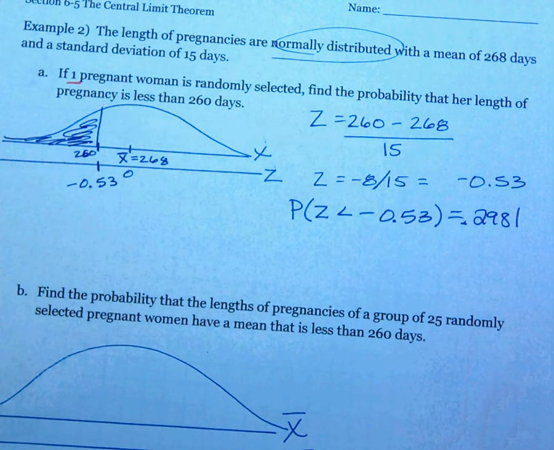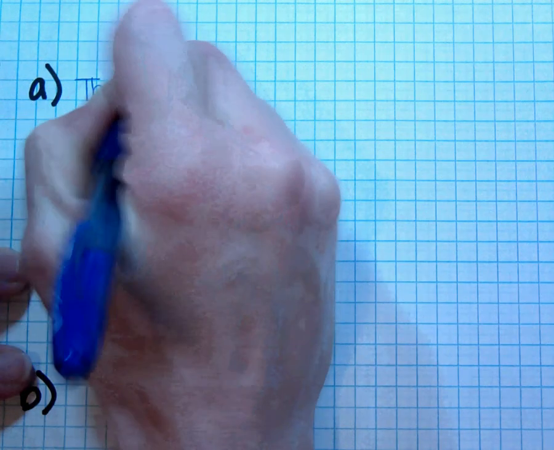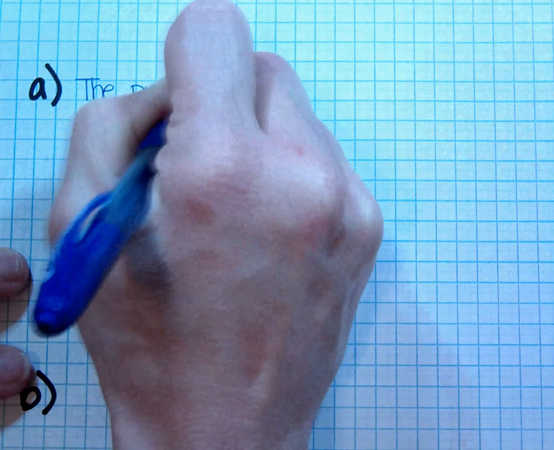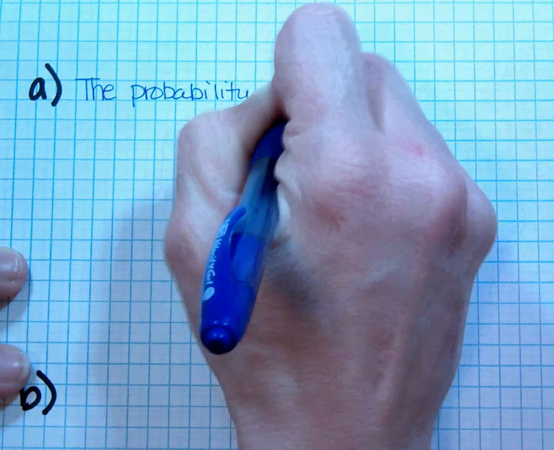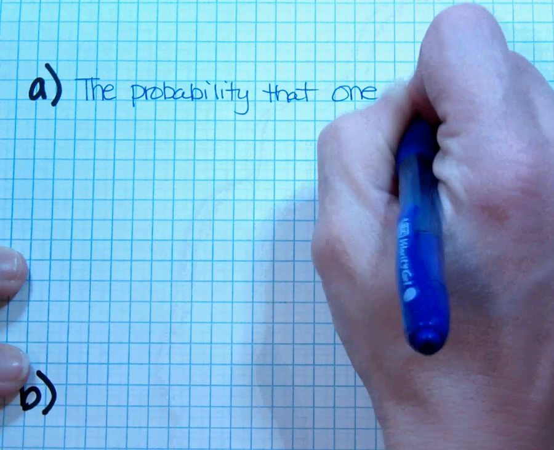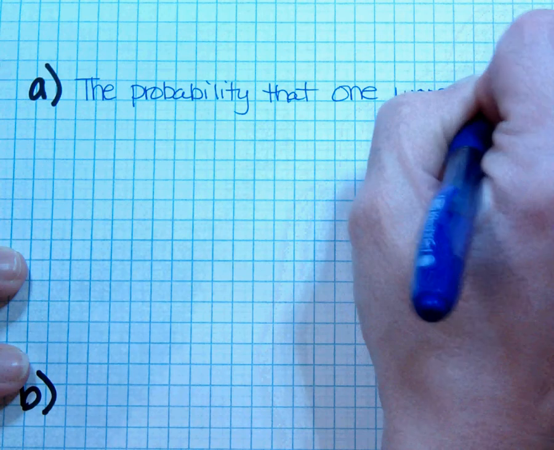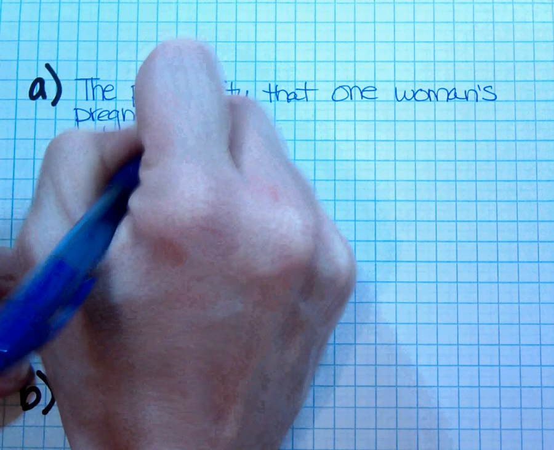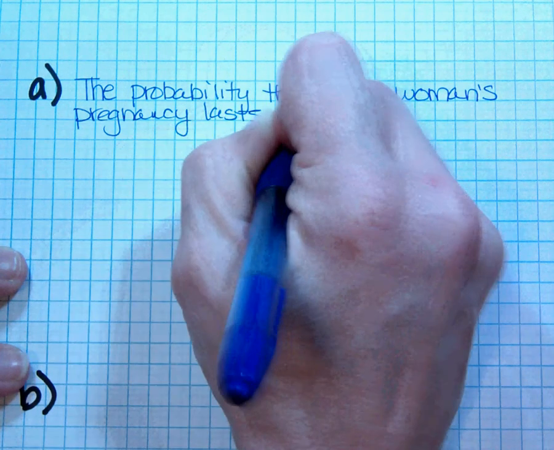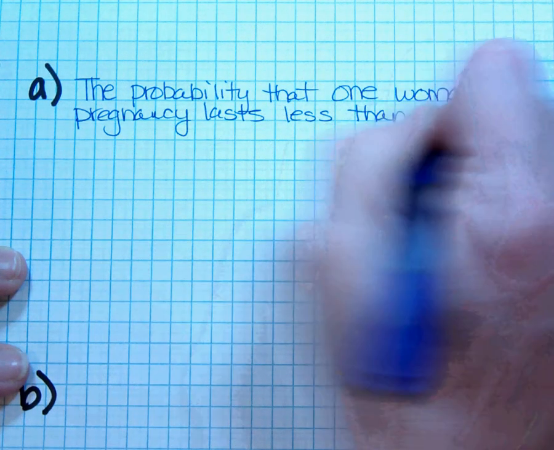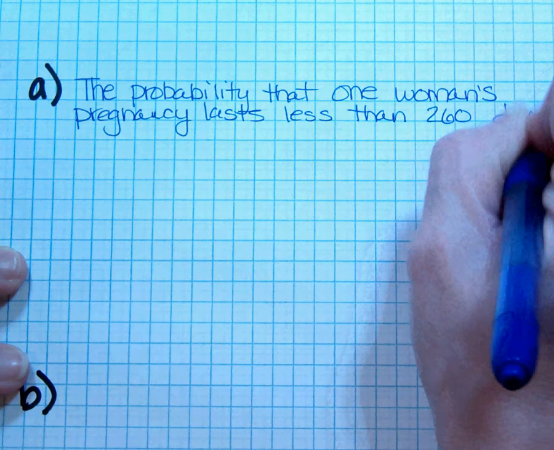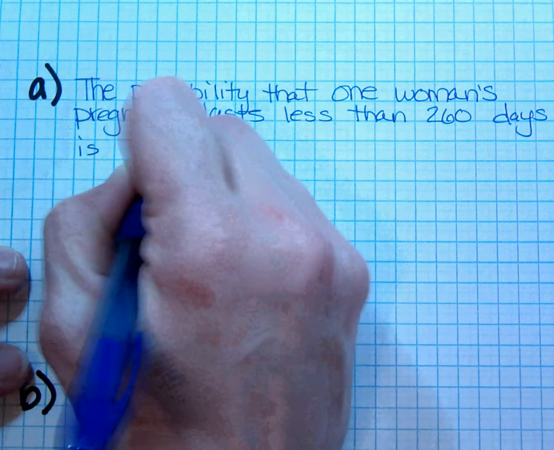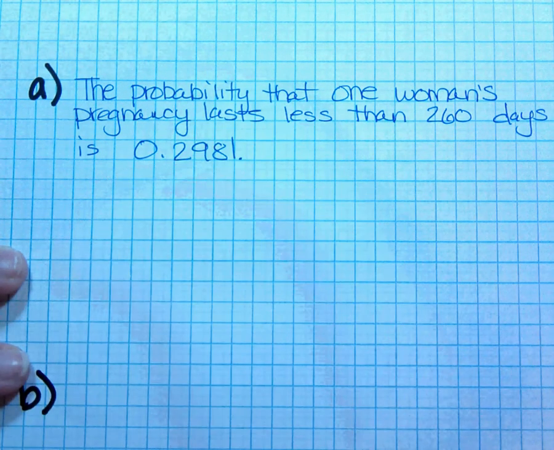So let's write that out. So we'll say the probability that one woman's pregnancy lasts less than 260 days is 0.2981.